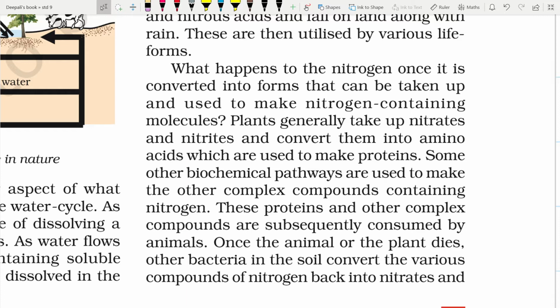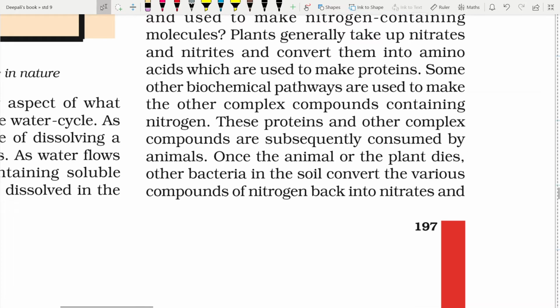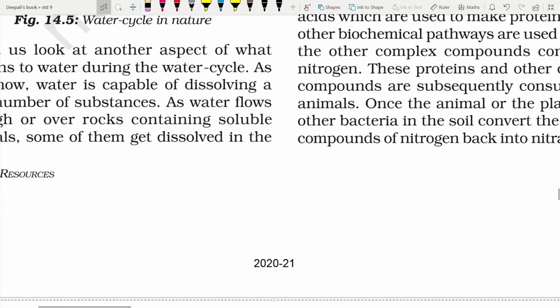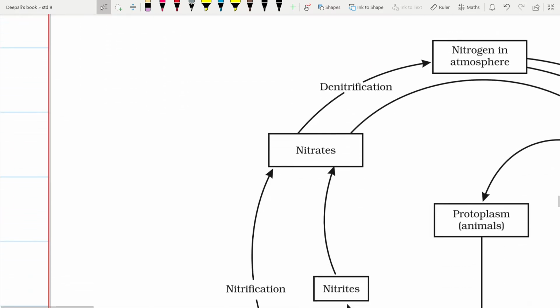Some other biochemical pathways are used to make the other complex compounds containing nitrogen. These proteins and other complex compounds are subsequently consumed by animals. Once the animal or the plant dies, other bacteria in the soil convert the various compounds of nitrogen back into nitrates and nitrites.